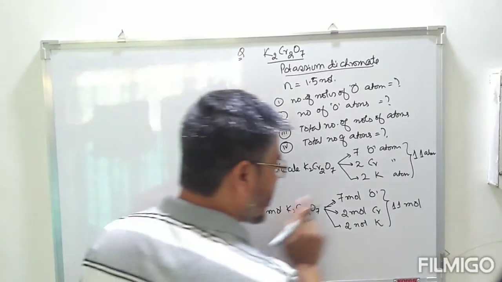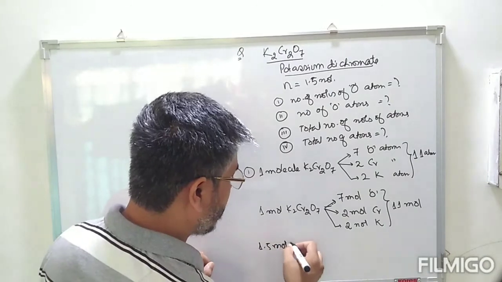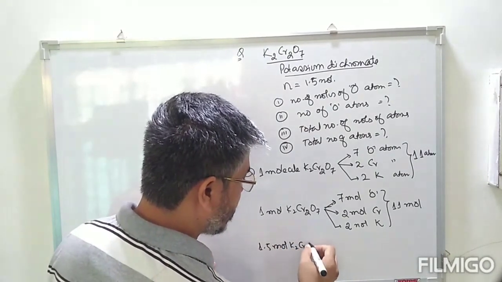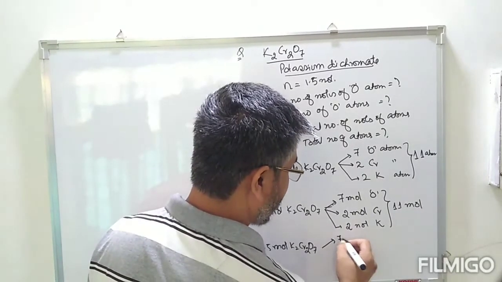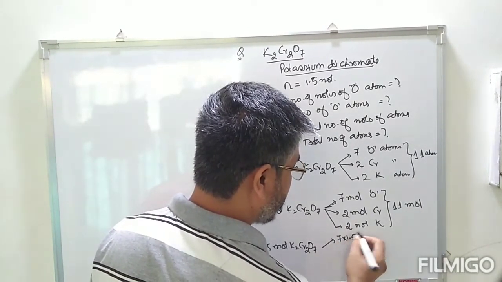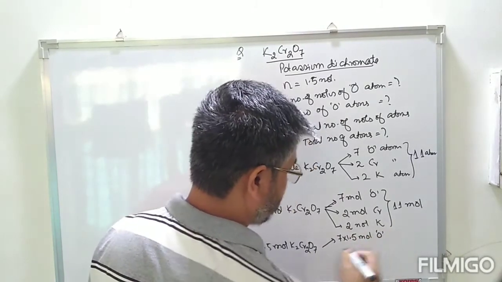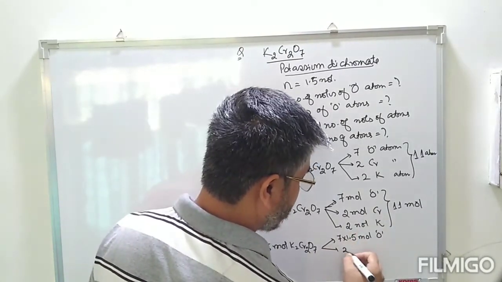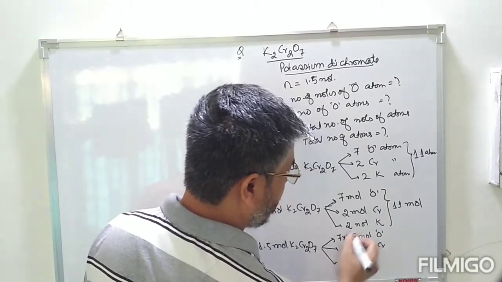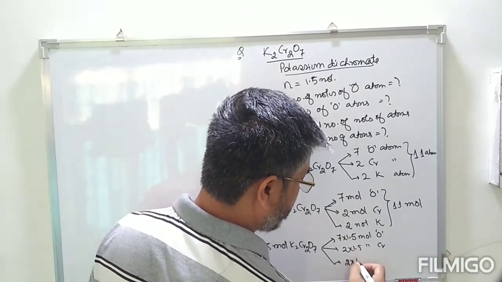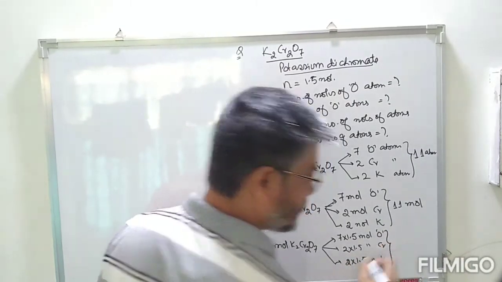But the question says 1.5. So if 1 mole contains this value, then 1.5 mole of K2Cr2O7 will contain 7 into 1.5 mole oxygen, 2 into 1.5 mole chromium, and 2 into 1.5 mole potassium.